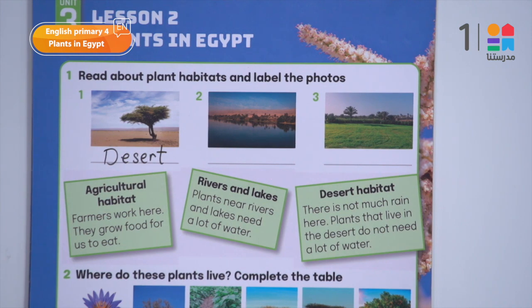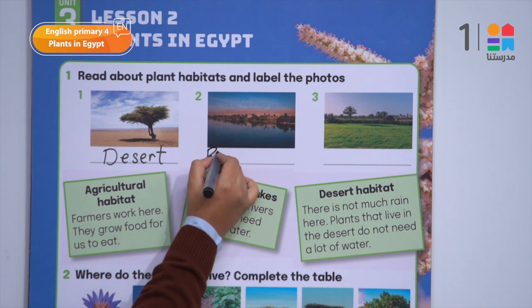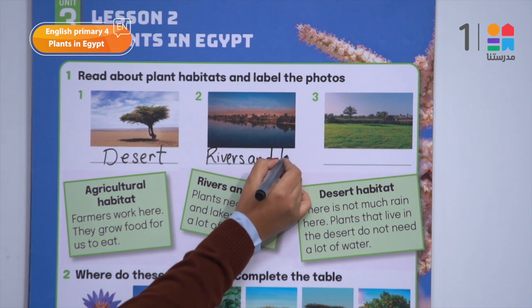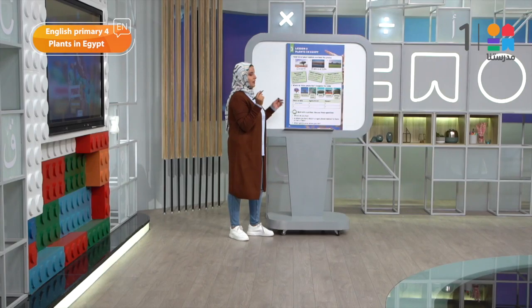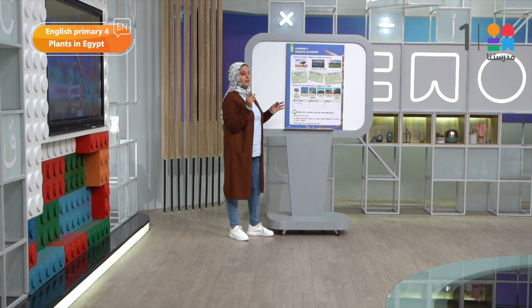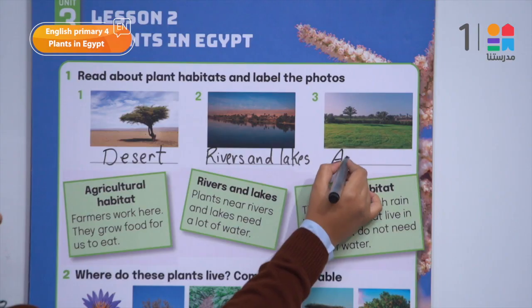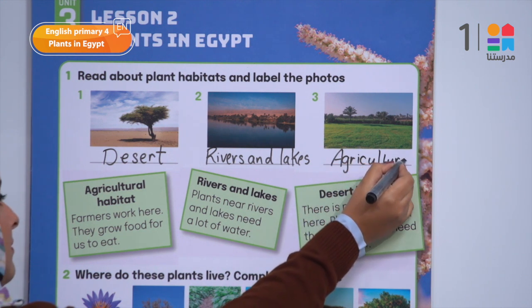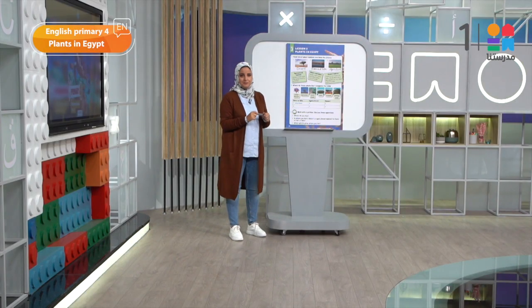Number 2 is the rivers and lakes. And the last one is the agricultural habitat. Very good, my dear boys and girls.